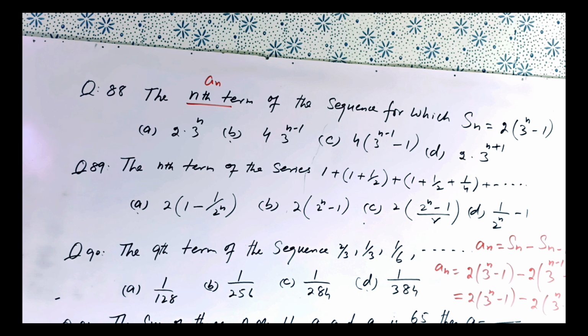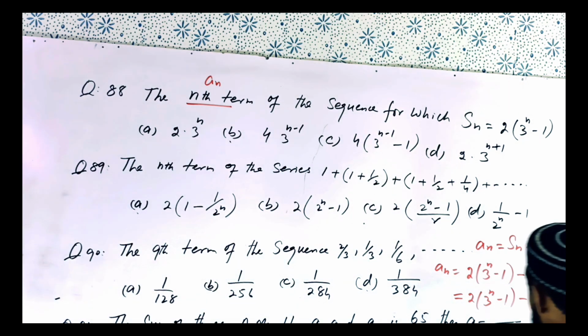So if we take 2 and 3 power n common, we get 1 minus 1 by 3, which is 3 minus 1 divided by 3.